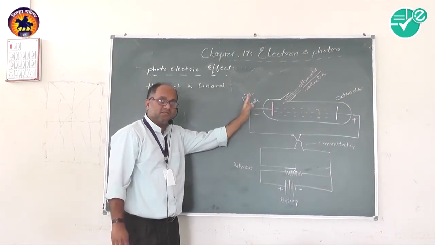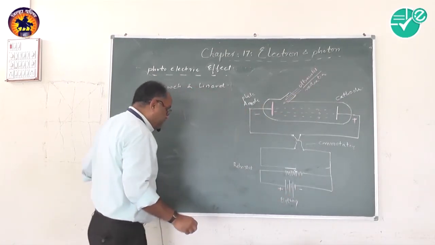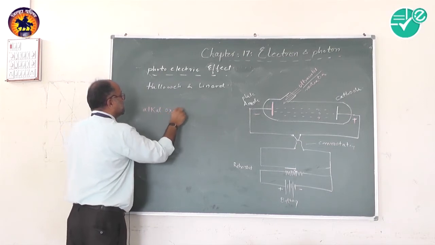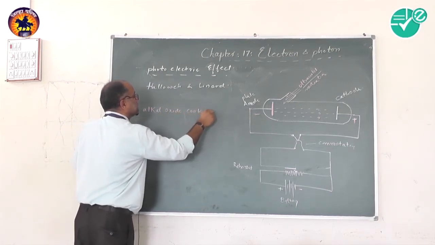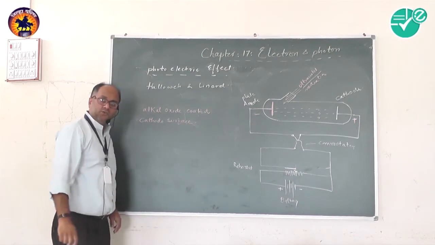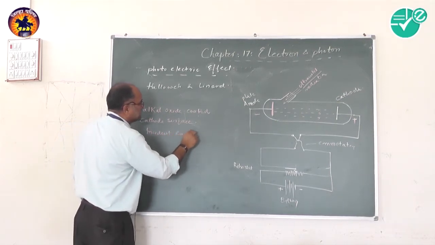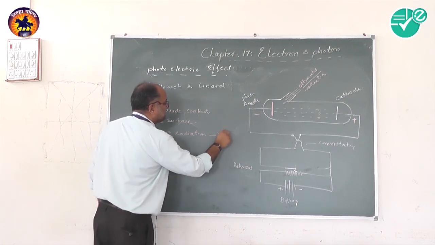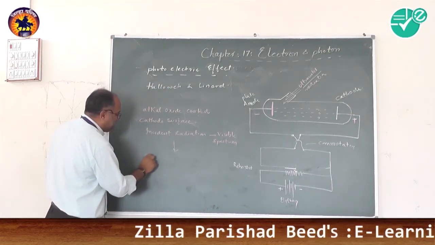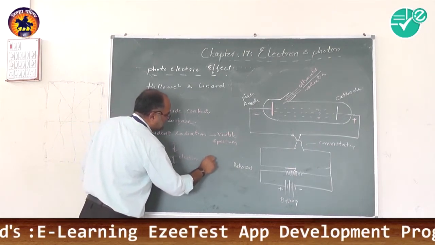When alkali oxide coated cathode surfaces are used, and the incident radiations are of the visible spectrum, then emission of electrons takes place from the surface of the cathode.